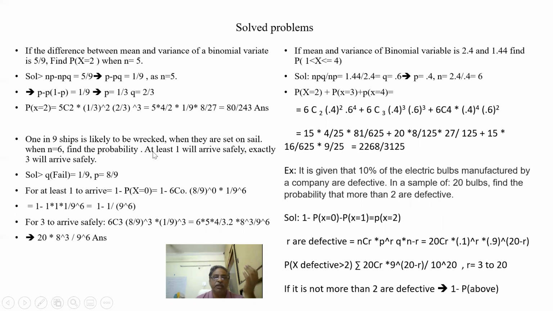Find the probability that at least 1 will arrive safely, and that exactly 3 will arrive safely. These are the 2 conditions. So 1 in 9, the probability of wrecking is 1 by 9, and the probability of non-wrecking is 8 by 9. It is success, it is fail. What is given is fail, 1 by 9.